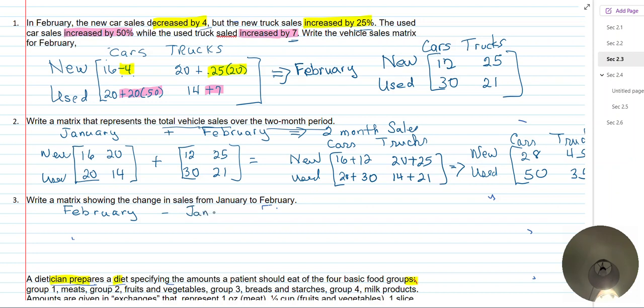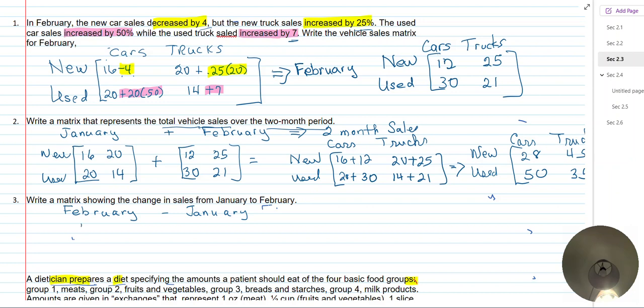That's the change. All right. So that lets you know how much of a change there was.